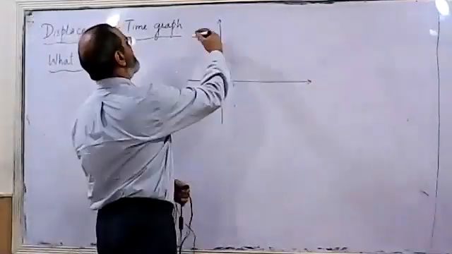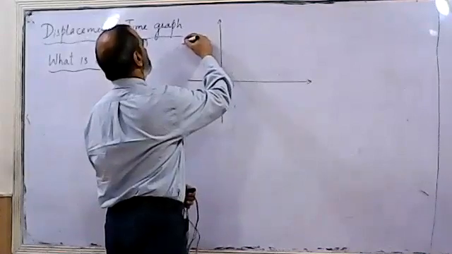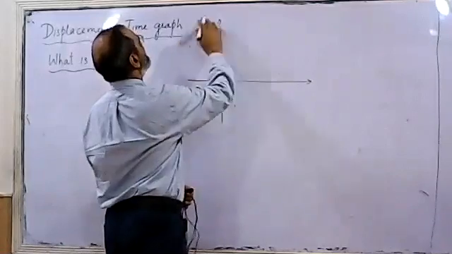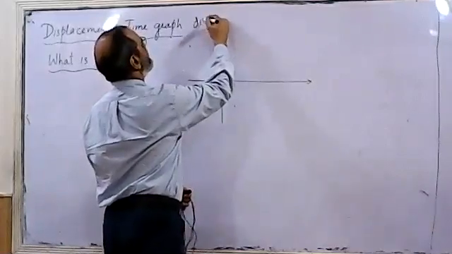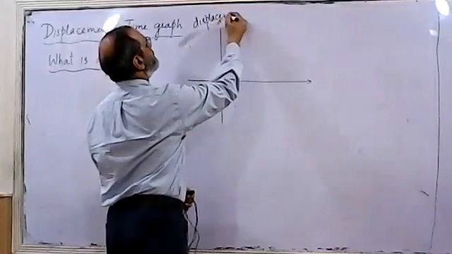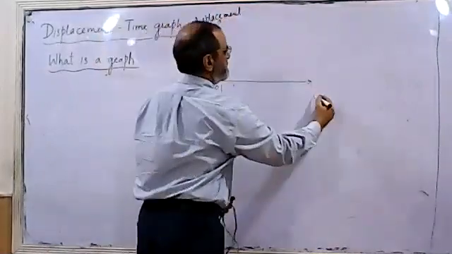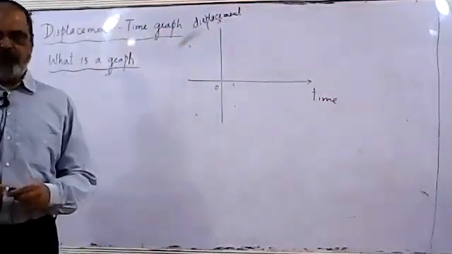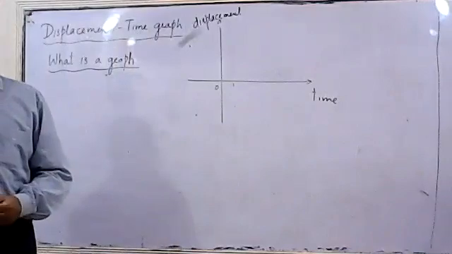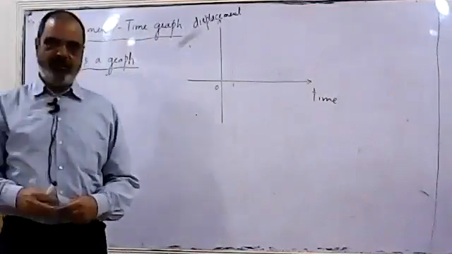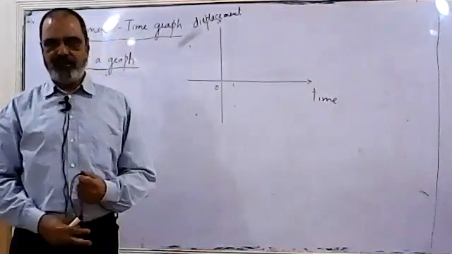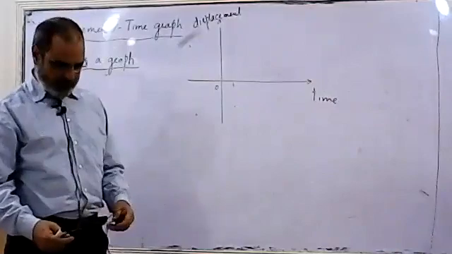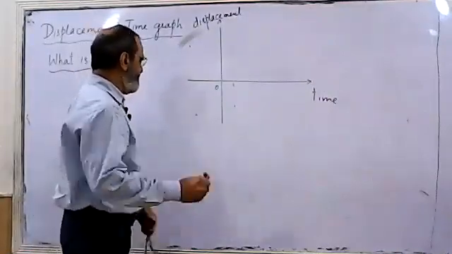Suppose I'm considering two physical quantities, displacement and time. Time along the x-axis and displacement along the y-axis. If we consider the relation between these two quantities, as we have discussed earlier, we define velocity.